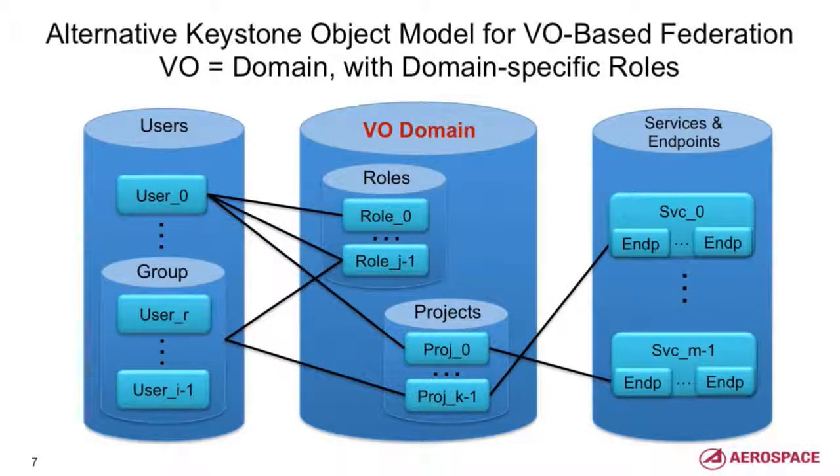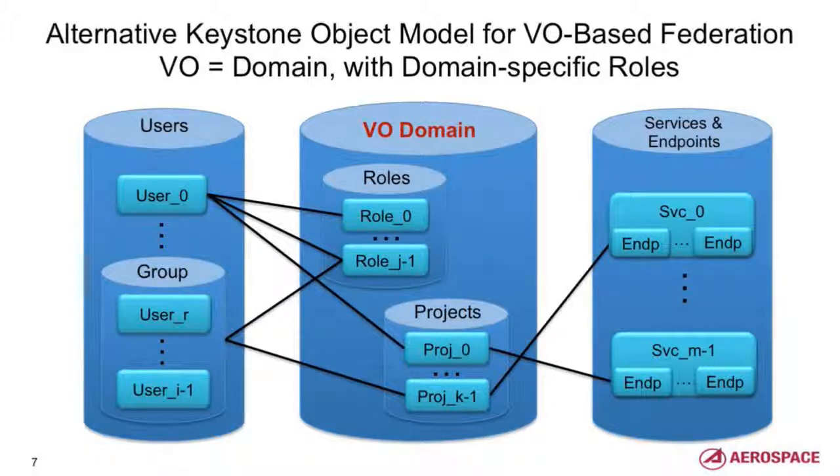Okay, so rather than explain what the Keystone object model looks like right now, this is what I feel is a reasonable object model that would be used to support these kinds of federations. In the terminology that I've been using, a Keystone domain would essentially be a virtual organization. And so roles and projects would be specific to this VO domain.